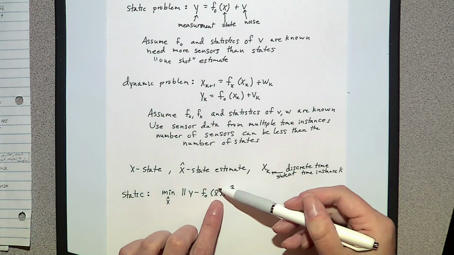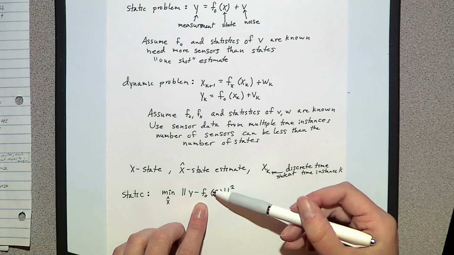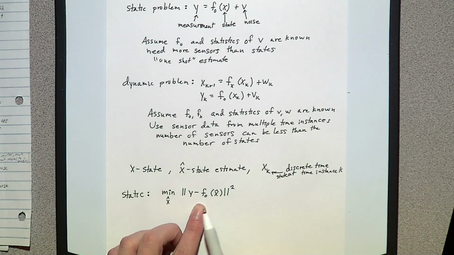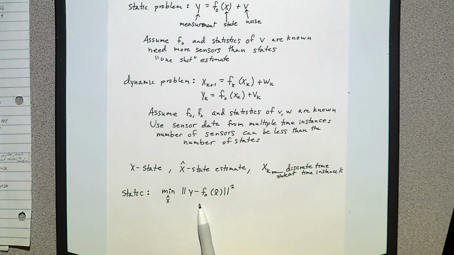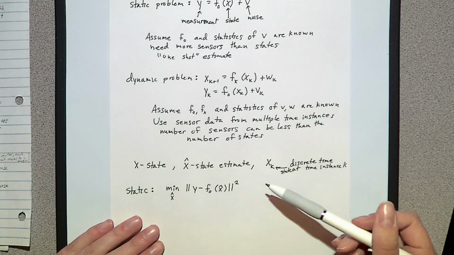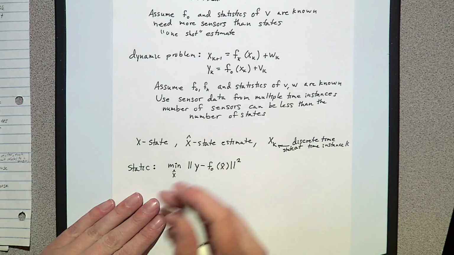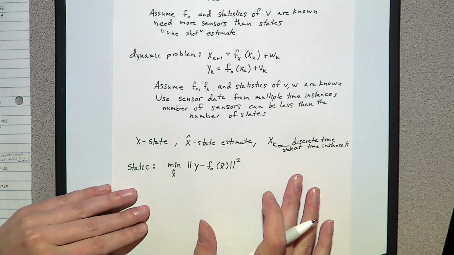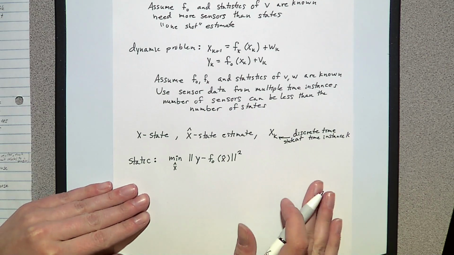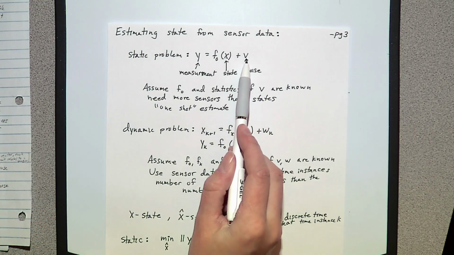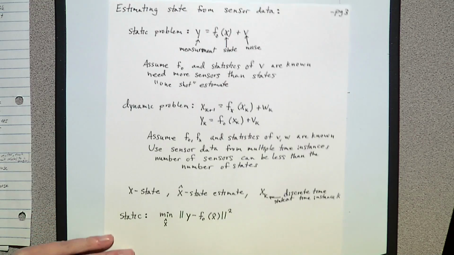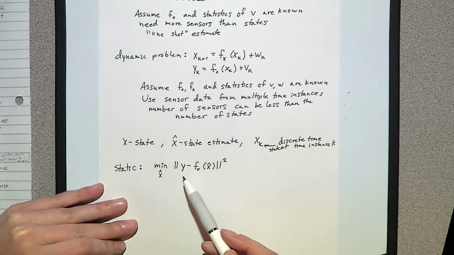Because if we had the actual state, and we're assuming that we know how the state relates to the sensor measurement, then this would go to 0. So there would be no error, that what we expect based off of the model would match our measurement. And so this minimization problem, we can actually augment this a little bit. Because if you notice that we also have this noise up here, which we don't take into account here. But if we know something about the noise, we can actually incorporate that.